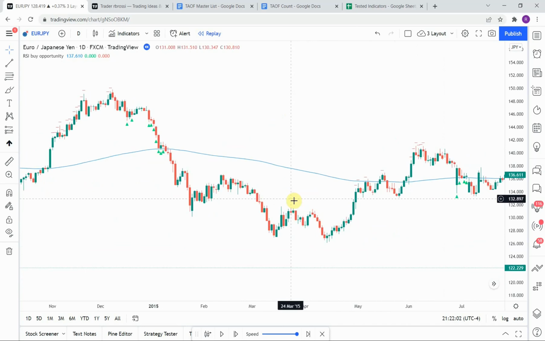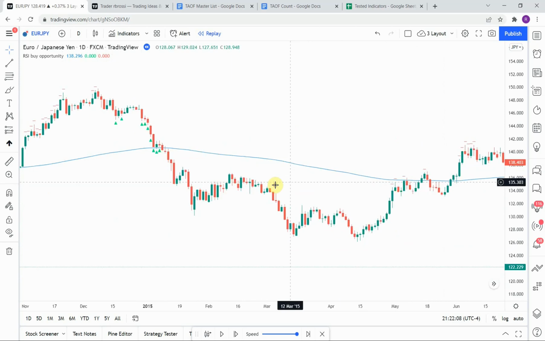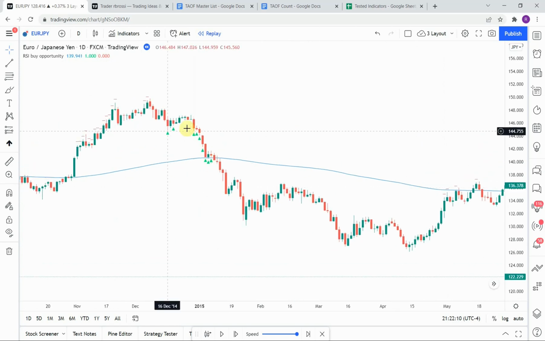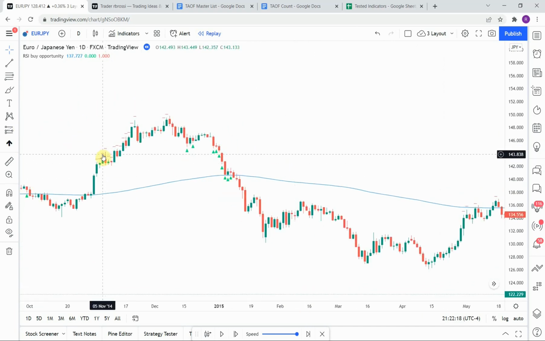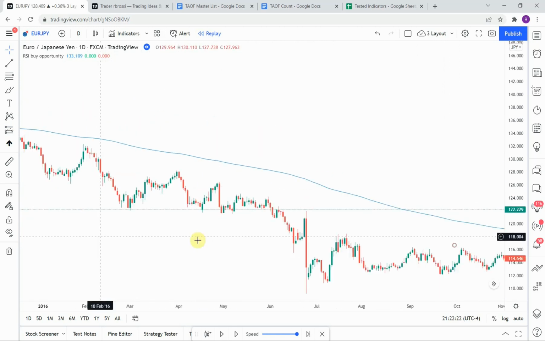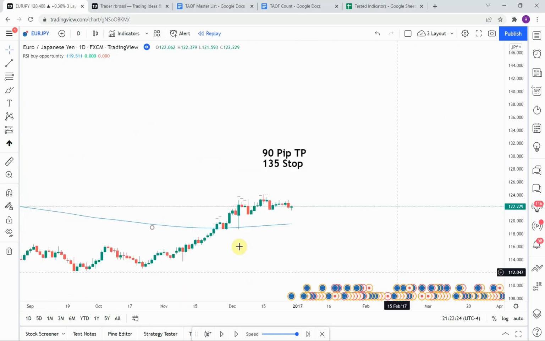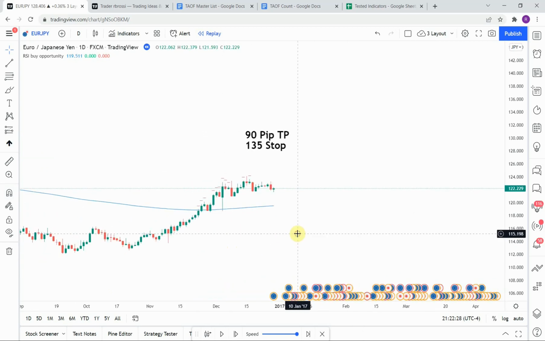And so this indicator consists of this blue line running through price action through the middle of the screen, and then it also includes these green arrows and these red slashes above price action.